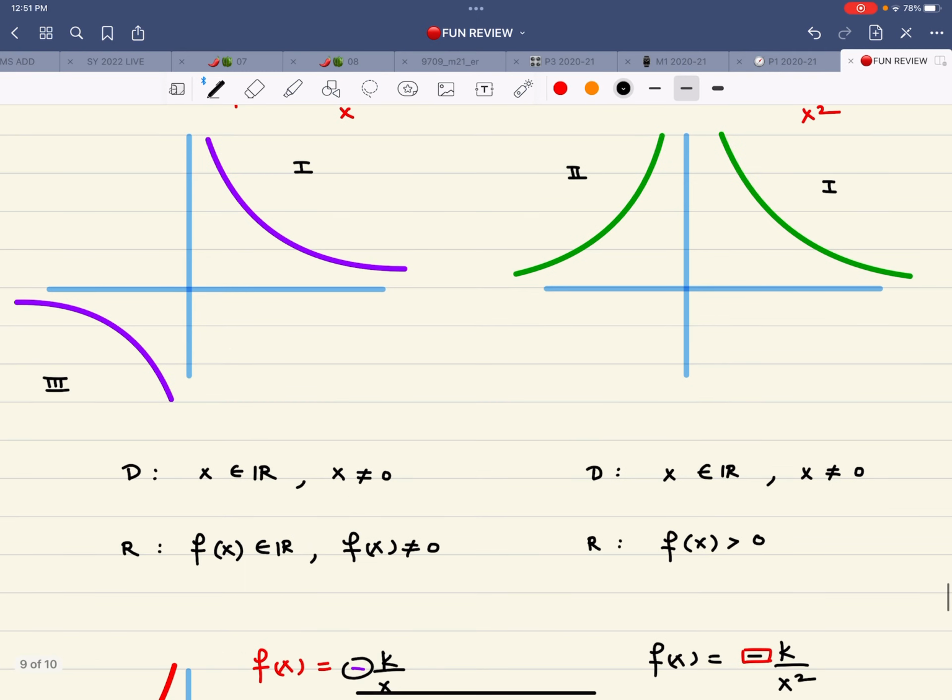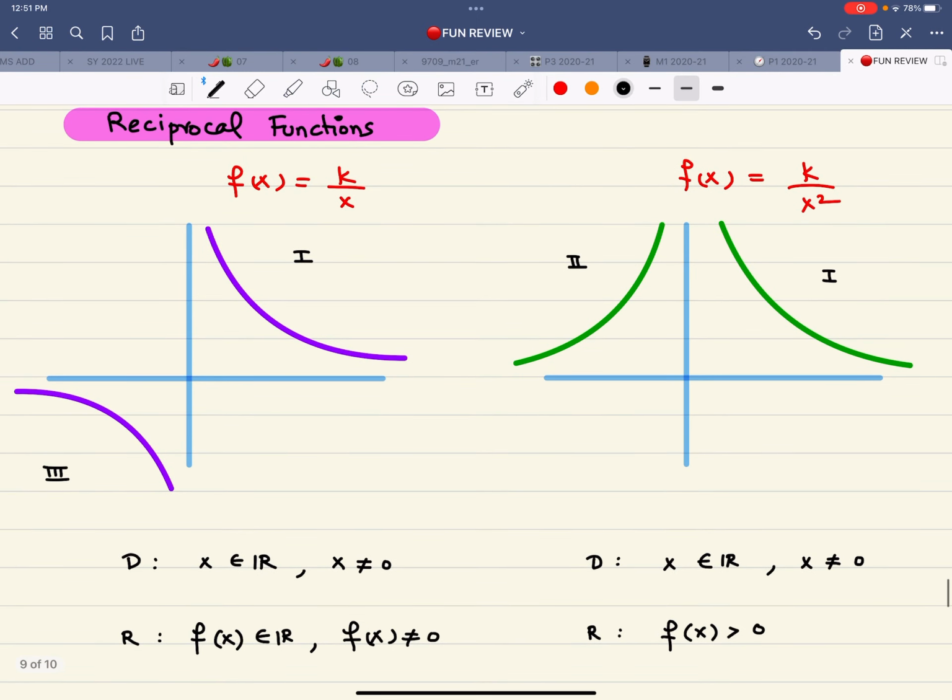One more idea. It gets very close to the x-axis but does not actually touch it. That is why those values are not there. So this is the vertical and the horizontal asymptote.